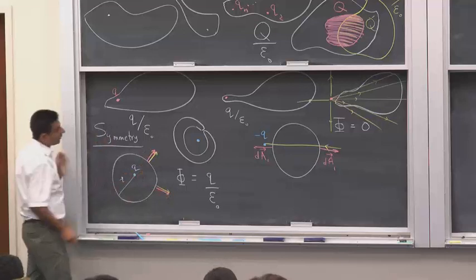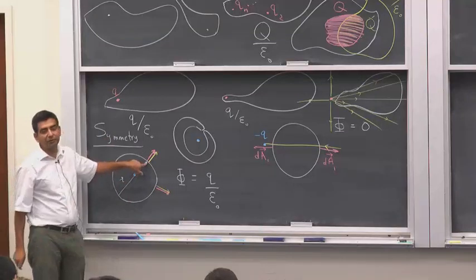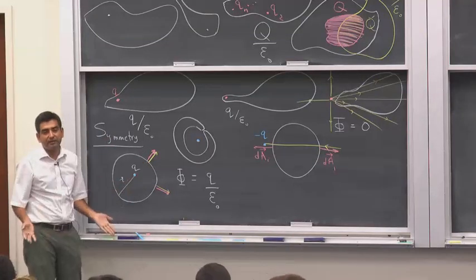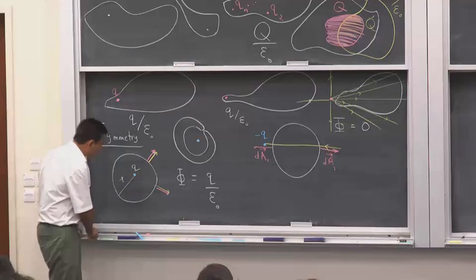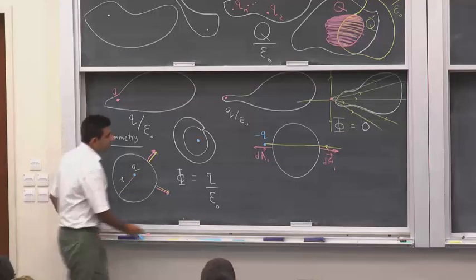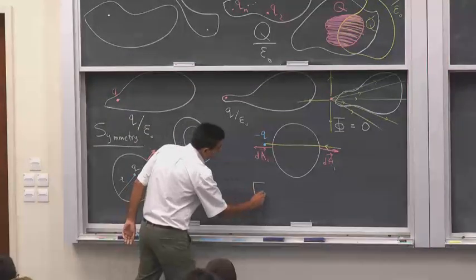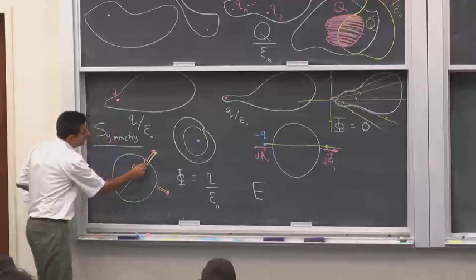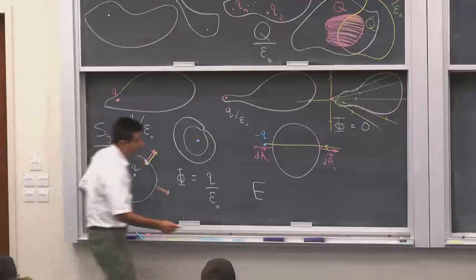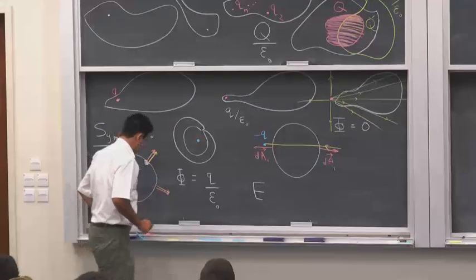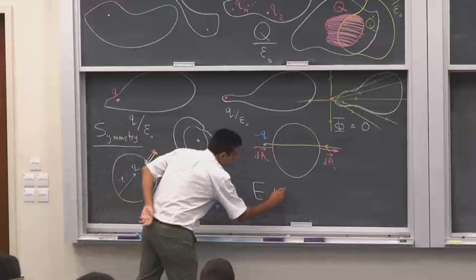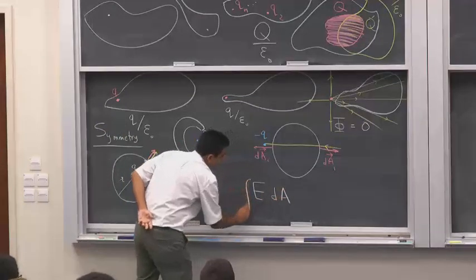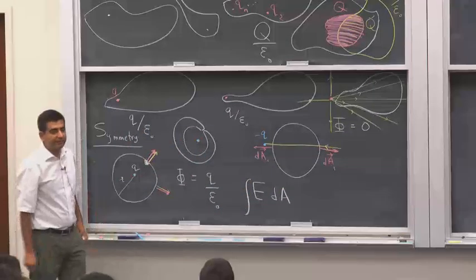So at each point you have a pair of electric field and the unit normal. And both of them are parallel. So if I were to form the dot product, it's just going to be the magnitude of E multiplied by the small area patch that we're talking about, which is dA. And then I integrate over the entire surface.